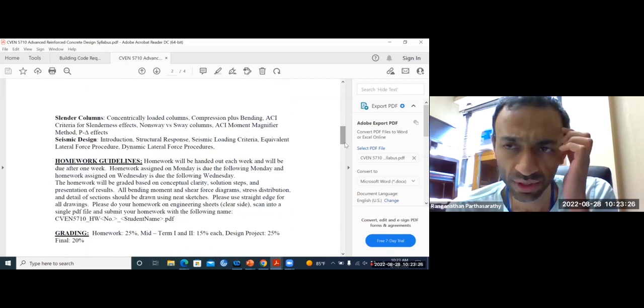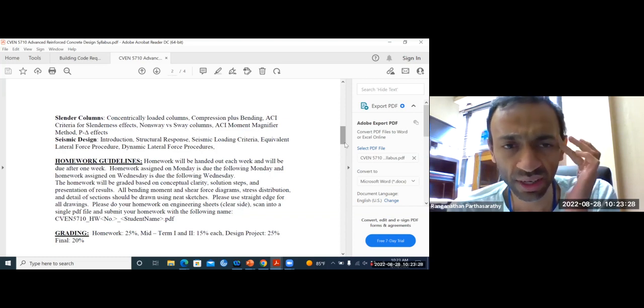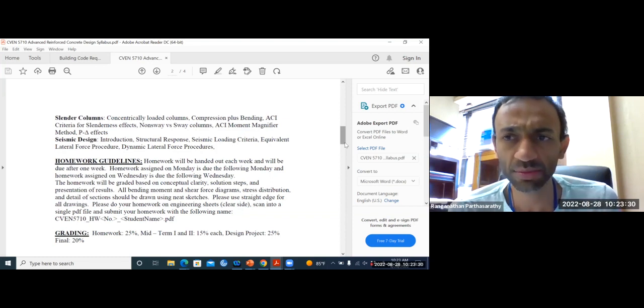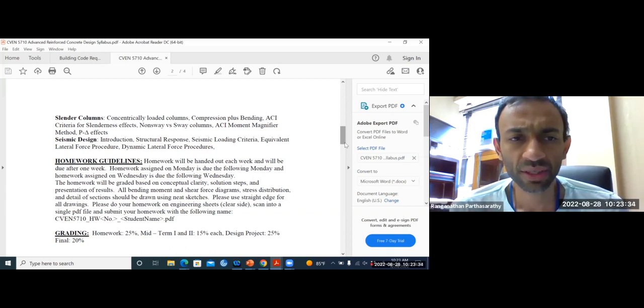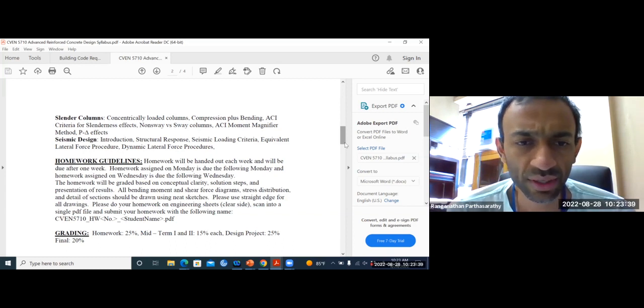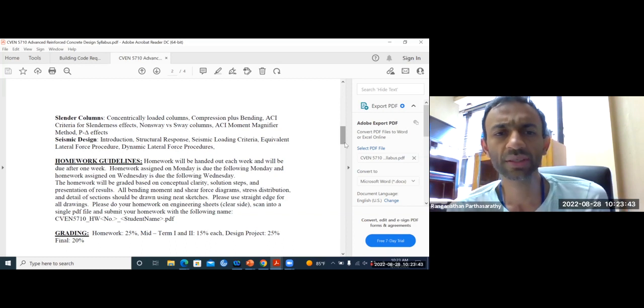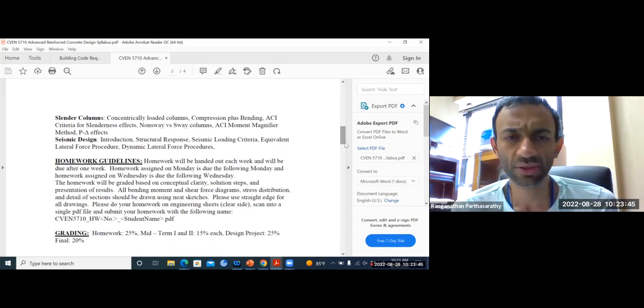Then we will go over design of slender columns, and finally some part of seismic design, using the response spectra and so on. Homework may consist partly of hand calculations and partly of using software.